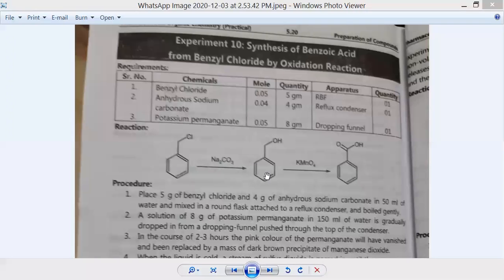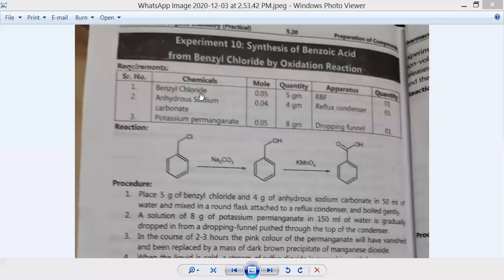So today we are going to do the synthesis of benzoic acid from benzoyl chloride. Now, this will be the reaction actually involved in the synthesis. Before we proceed with the reaction, first we will see what the requirements for the synthesis are.